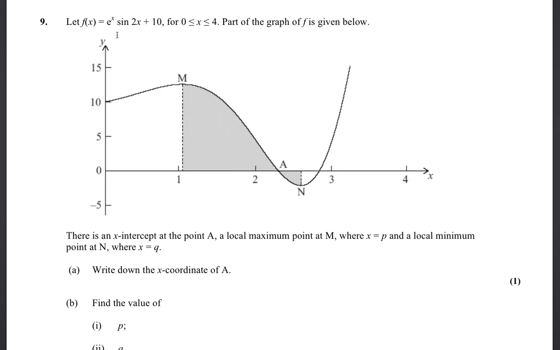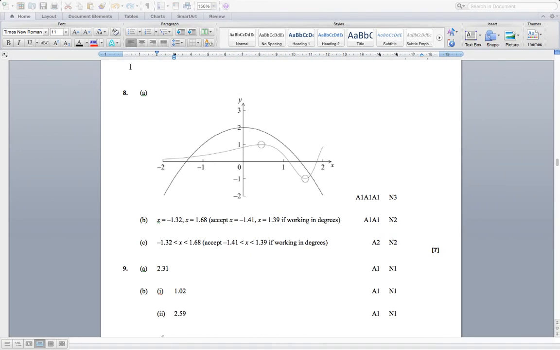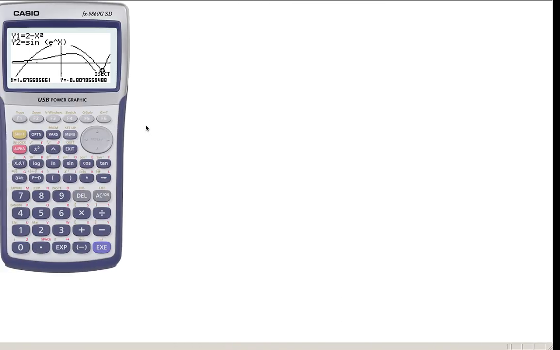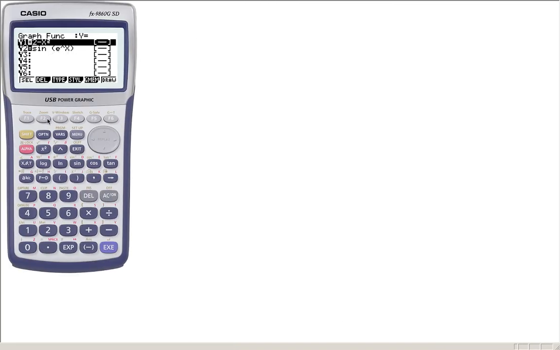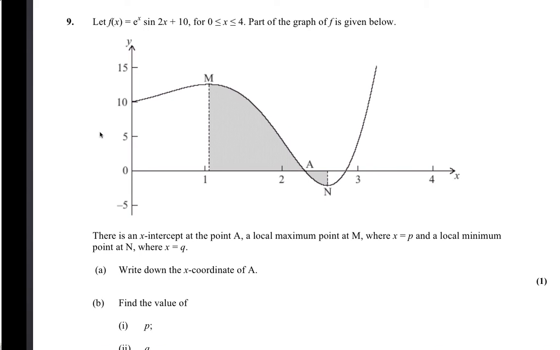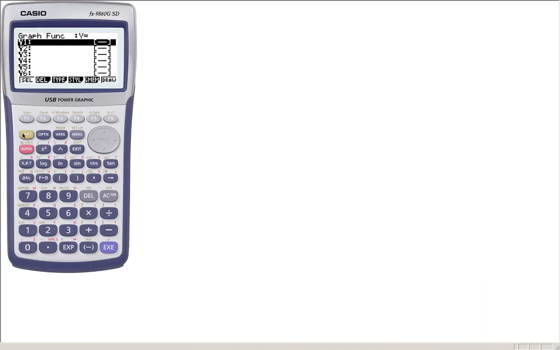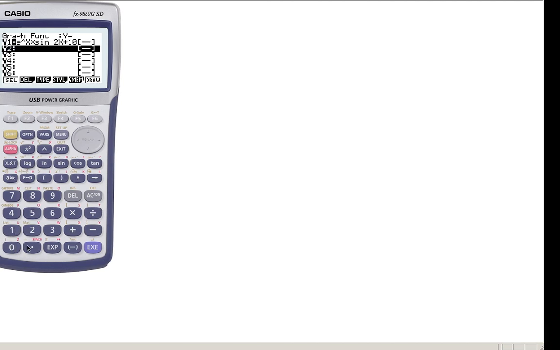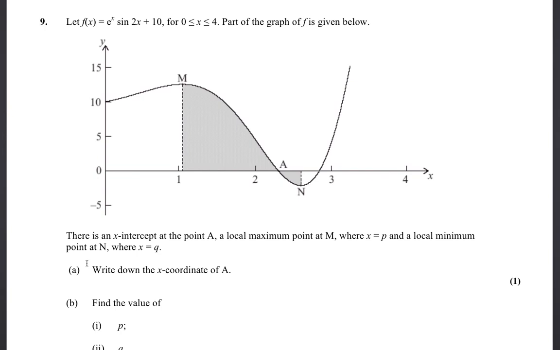For that, I'm going to type this. I'm going to use the graph. So let me exit. Let me delete this. Okay, so the function is e power x sine 2x plus 10. Now the scale is 0 to 4 and then minus 5 to 15.